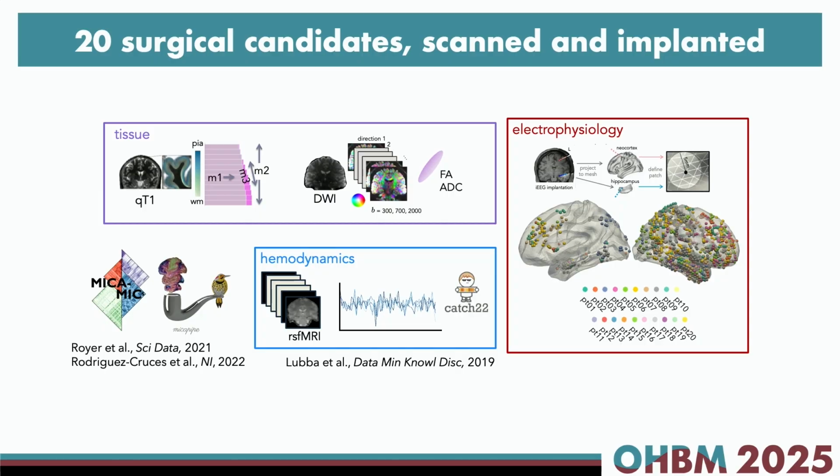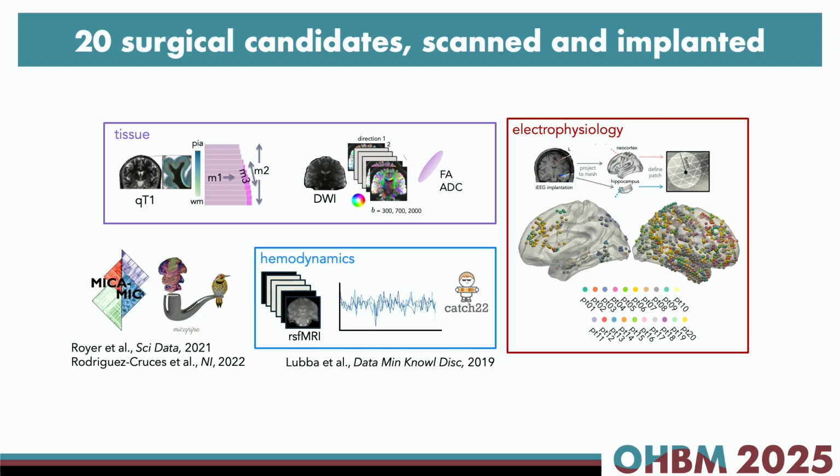So I'm going to tell you about these tissue measures first. We have three measures associated with qT1, the first three statistical moments of the depth distribution of myelin intensity, basically assessed with T1 relaxometry. We can generate a histogram across depth at every single vertex sampled with these equidistant surfaces.